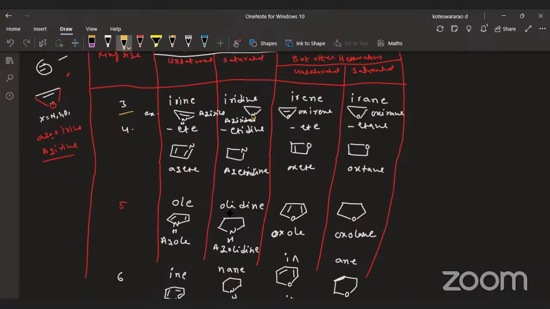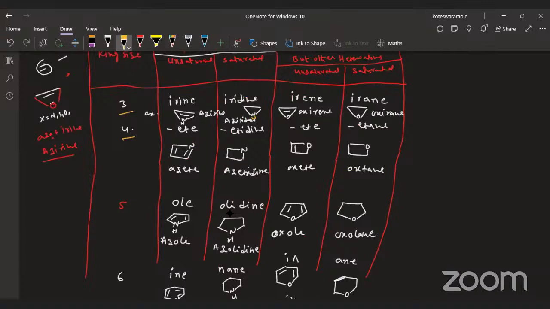Oxirene, if it is an oxygen heterocyclic. Then the fully saturated oxygen heterocyclic compound, without nitrogen, is named oxirane. Similarly, for every case I have given one example here: azete, azetidine, oxete, oxetane.